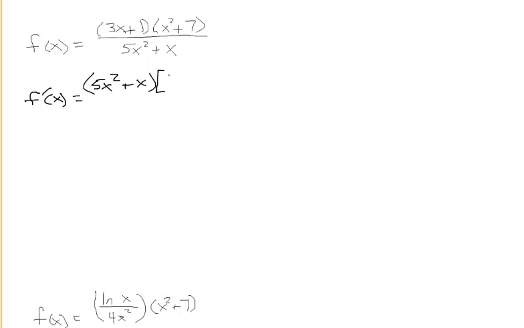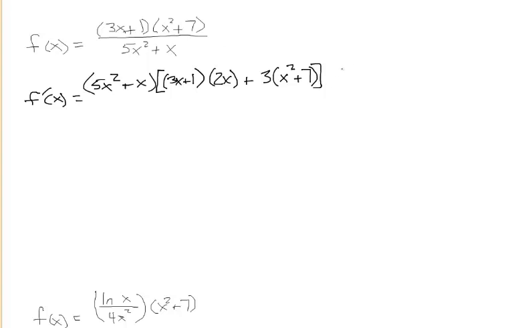So we're going to have the first term times the derivative of the second, which is 2x, plus the derivative of the first term, which is going to be 3, times the rewrite of the second term, x squared plus 7. So everything in these brackets is the derivative of the numerator.